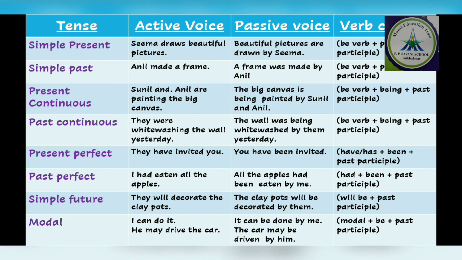So here, students, I have not used all the 12 tenses. We have 12 tenses, 4 present, 4 past and 4 future. So other tenses are not changed into passive voice. We can't change other future tenses like future continuous and future perfect in the passive voice.